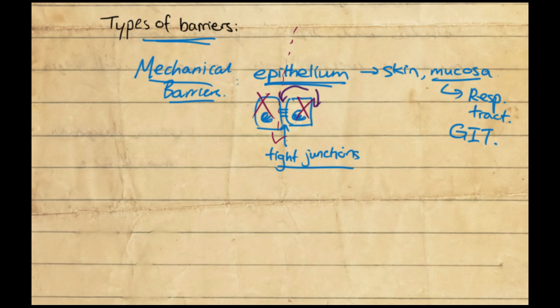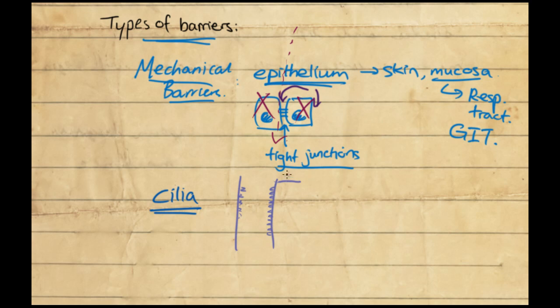Another type of mechanical barrier is the cilia. These are tiny projections. For example, in the respiratory tract, you have these tiny projections, and they're called cilia.